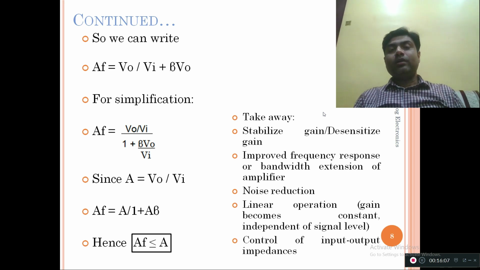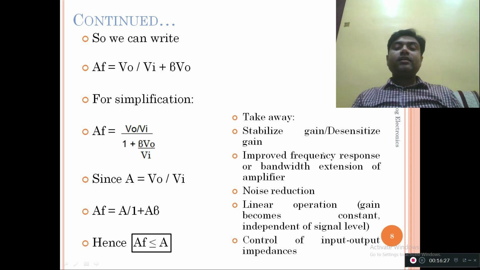Practically there are some non-linearities and variations, but ideally we can say that it stabilizes the gain. And since we are controlling and feeding the input network from whatever value comes across the output through the feedback voltage VF, we are ultimately controlling the output voltage.